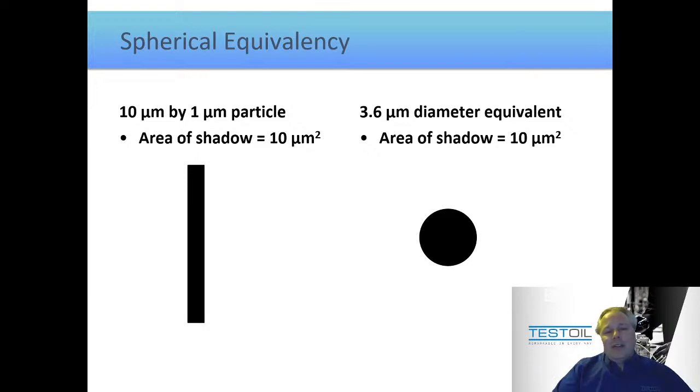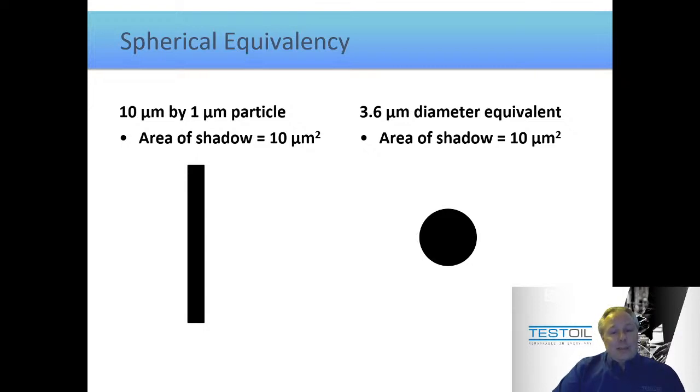So in effect, a 1 by 10 micron particle going past the light source casting the 10 square micron shadow, the instrument would therefore count it as a 3.6 micron particle. So as you can see, optical particle counting is not directly measuring particles as you may have once thought, and this is an important detail that we like to point out.